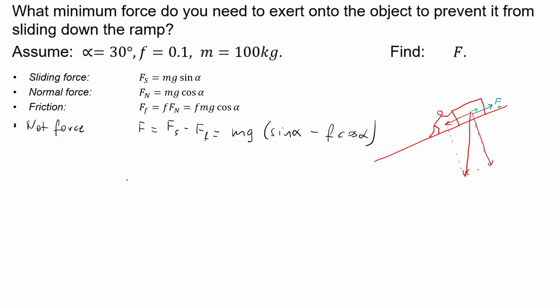Basically, the balancing condition of the situation is that the net force of just the object, so sliding force minus friction force, minus Fx should be equal to 0. 0 means that it will not slide down, it will not go up.